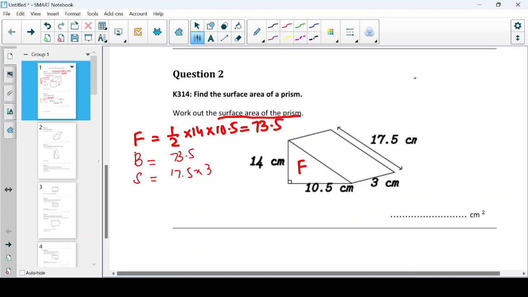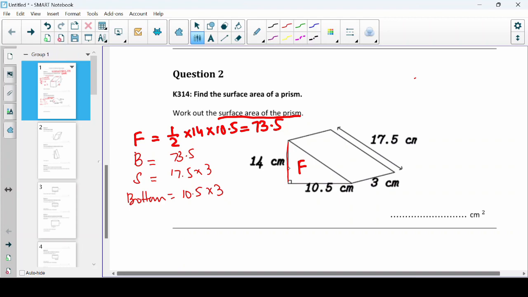And we have the bottom as well. The bottom has 3 as the width and 10.5 as its length, so 10.5 times 3. Then we have a surface at the back as well, because a prism has all these sides of the triangle.